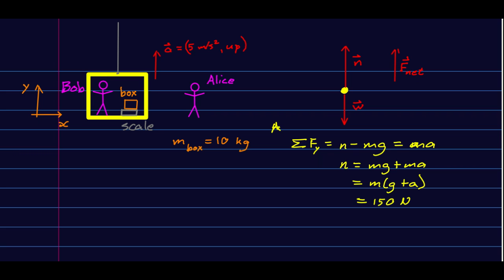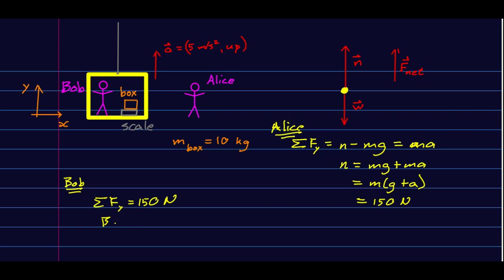However, notice something a little funny. For Alice, Newton's second law is working. But for Bob, he agrees, because he can measure the forces, that the sum of the forces is 150 newtons.